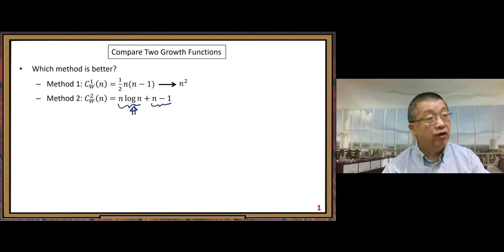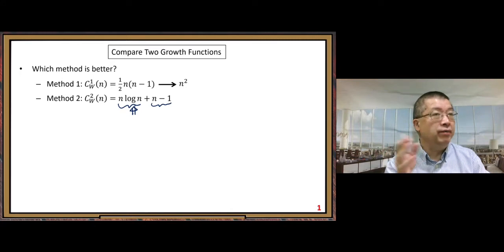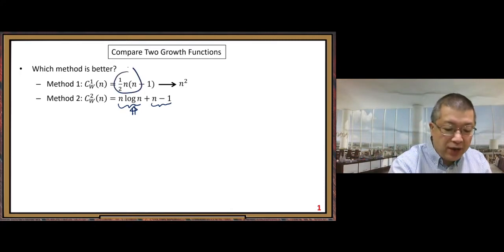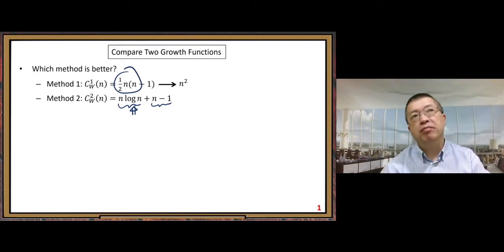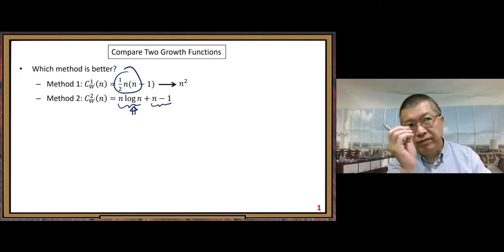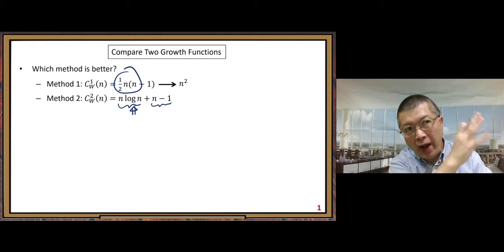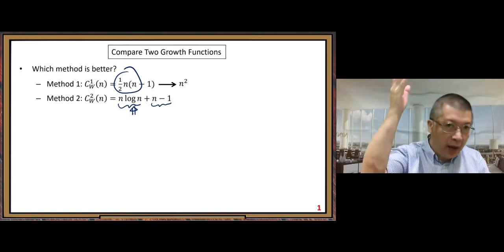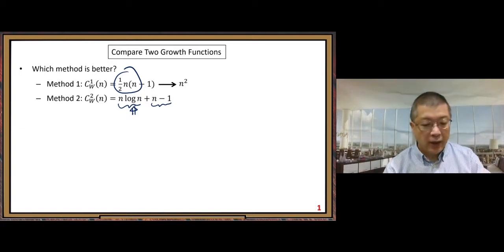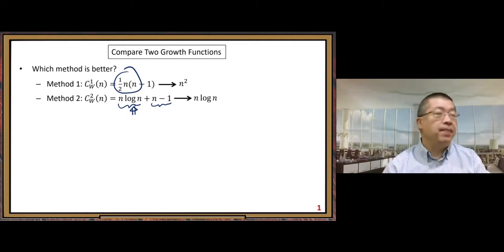The growth function for CW1 is n squared, because we do not need to look at the coefficient 1/2. So we ignore that 1/2 coefficient, and we have this n squared. Second one, n log n.